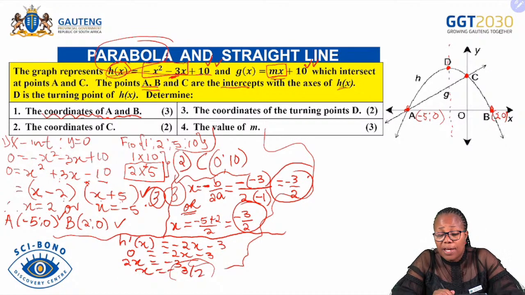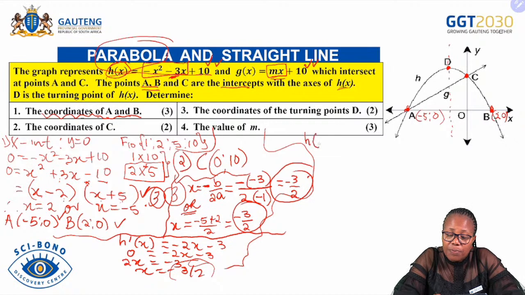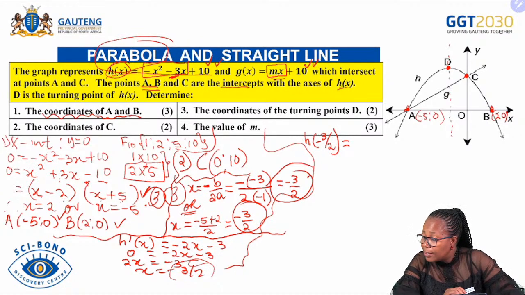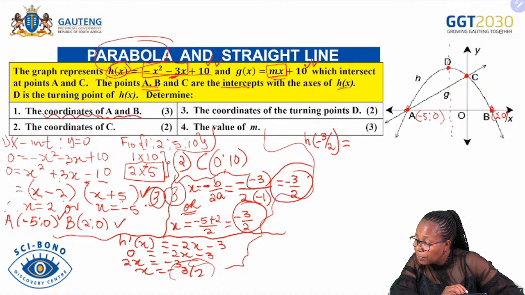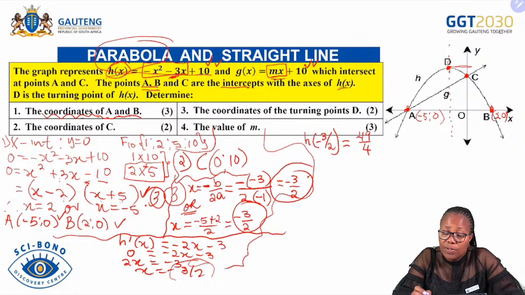And then if you have an x value now, you can substitute into h(x) and put in minus 3 over 2 wherever you will be having an x. And then this one will give us the y value that is equal to 49 over 4. As you can see on the diagram, y is positive and then the x value is negative. So this correlates smoothly with the graph.